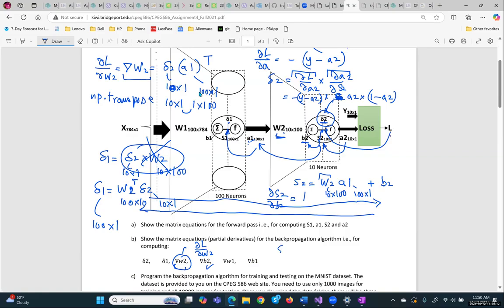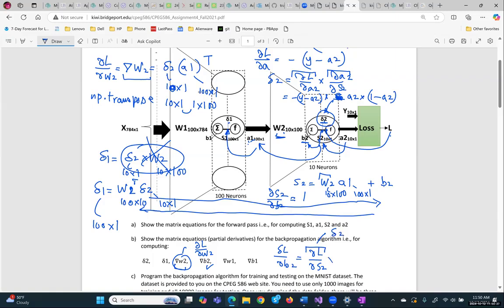If I write it over here, partial L over partial B2 is the same as partial L over partial S2, which by definition, what are we calling this? That's delta 2, right?